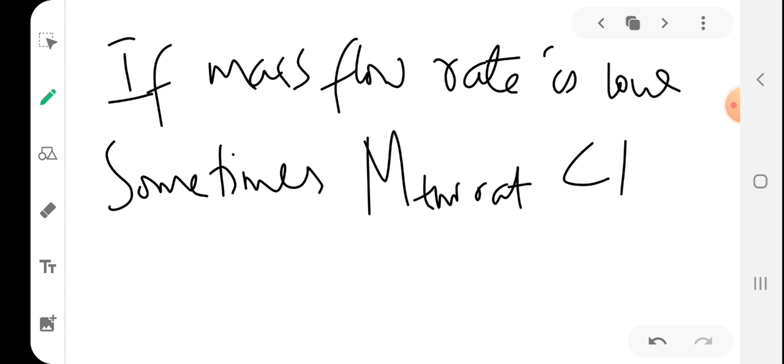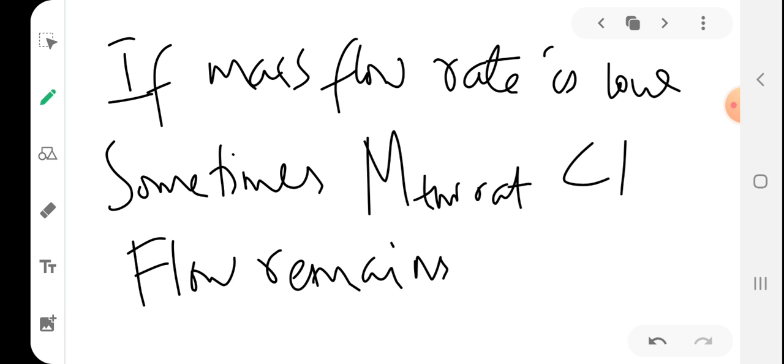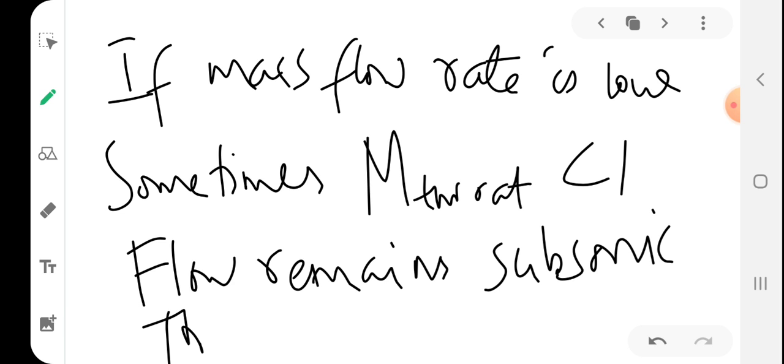So the flow remains subsonic at the throat, right? The throat is the entry point of that diverging section.